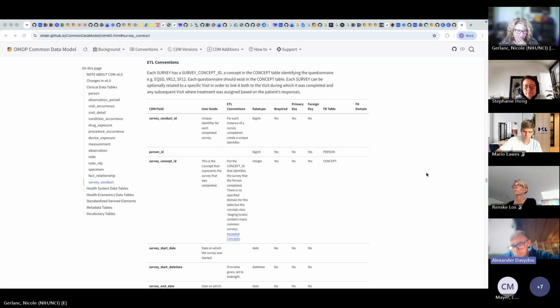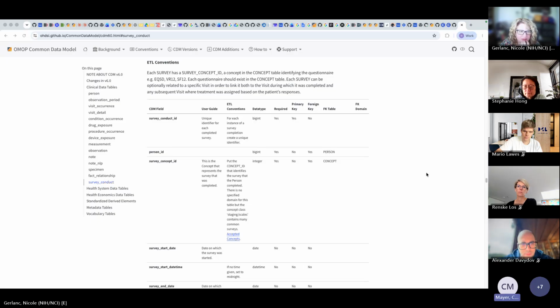Well, it could be a set of question and answer pairs, but this is exactly the point. This is not about the actual question asked. This is about the survey instrument that was used. That is why there is only high level metadata, the overarching metadata for the entire instrument.